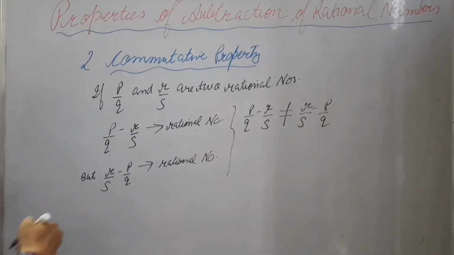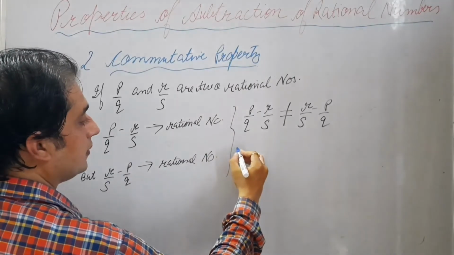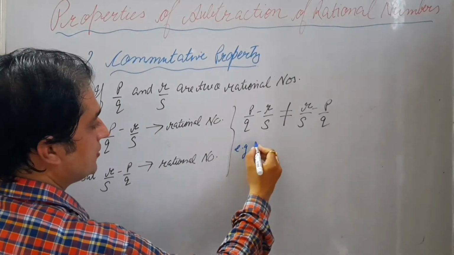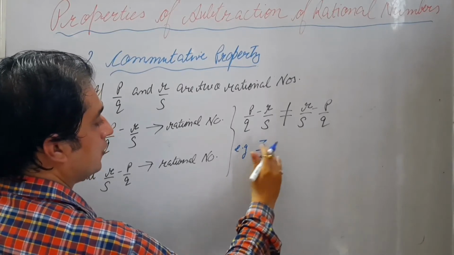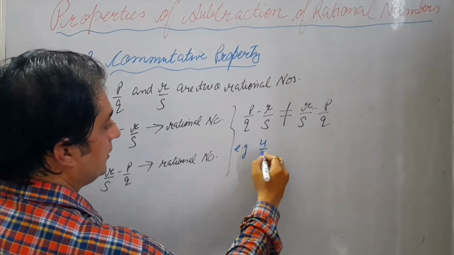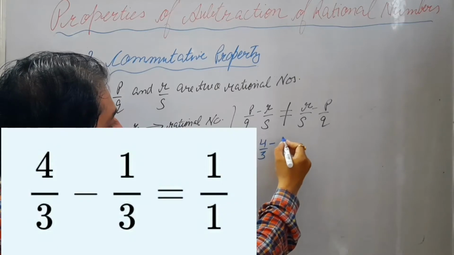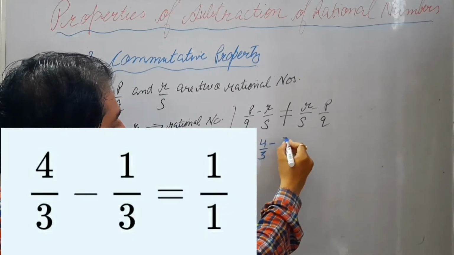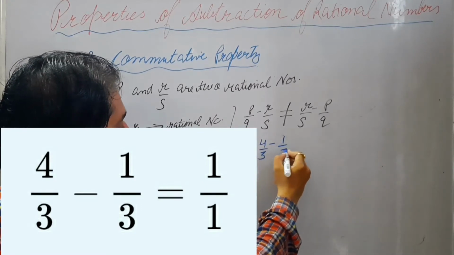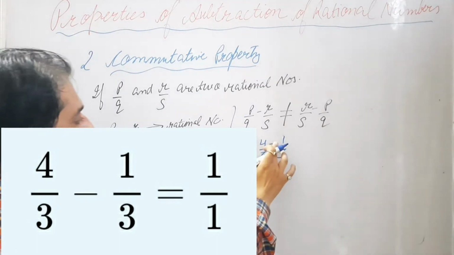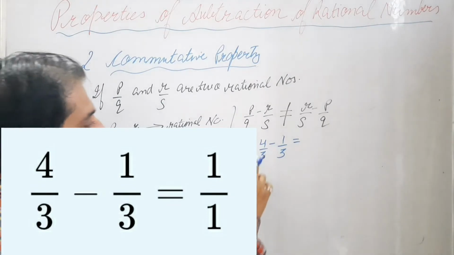Let's take an example. If I have two rational numbers, let's take 4 by 3 and 1 by 3, and take their difference.